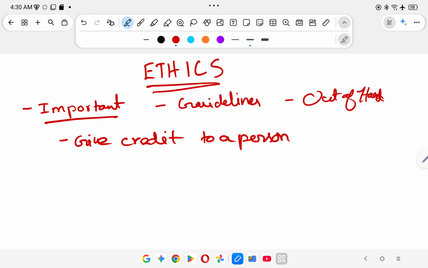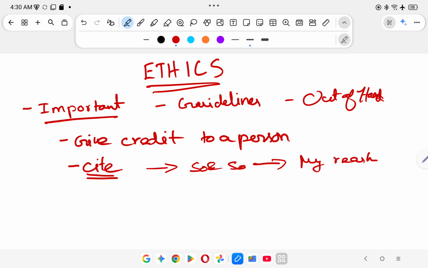In your review of literature, you have to cite that person. You have to say, this person has done so and so, and that is what helped me to do my research. The least you can do is give citation to that person, right?